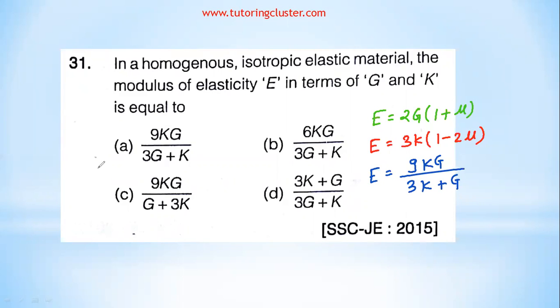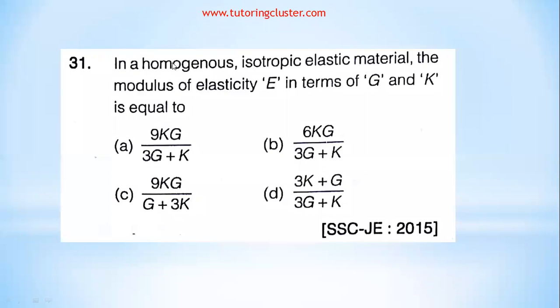I think option number C, 9KG upon 3K plus G. Again I am repeating, please remember all these three relations. Very important. You will find many times, not in SSC JE only, even in state competitive exams, a question based on the relationship between different material constants, right?